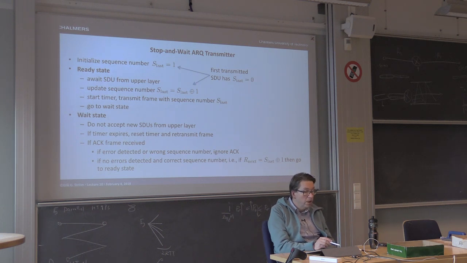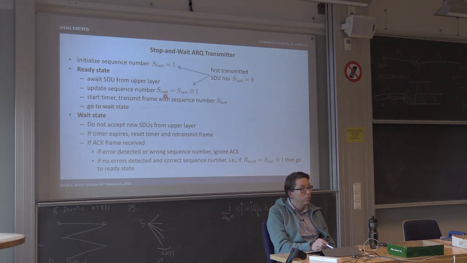And when we're in the ready state, we wait for service data units. If no service data unit is arriving, we do nothing. We just wait until this happens. Once we get a fresh service data unit, what we do is update the sequence number. So whatever we had before, we add 1 to it. So if it was 1, 1 plus 1 is 0. So 0 is the sequence number of the first frame that's transmitted.